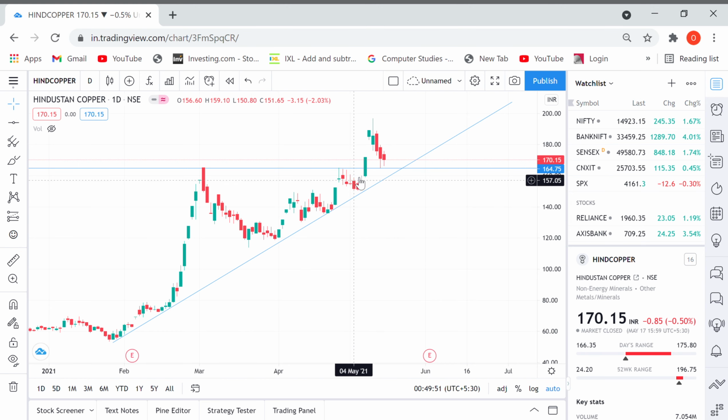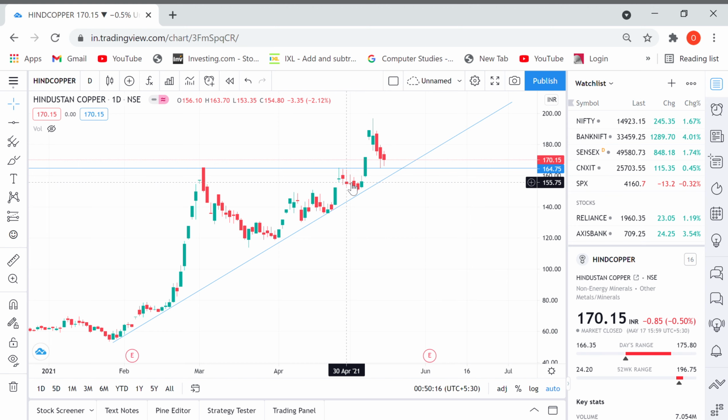You can see how many times this resistance has been respected. The stock reaches here, comes down. Reaches here, comes down. Reaches here, comes down. So this is a respectable resistance. In some of the next videos I can also show you why this resistance was so hard to cross.